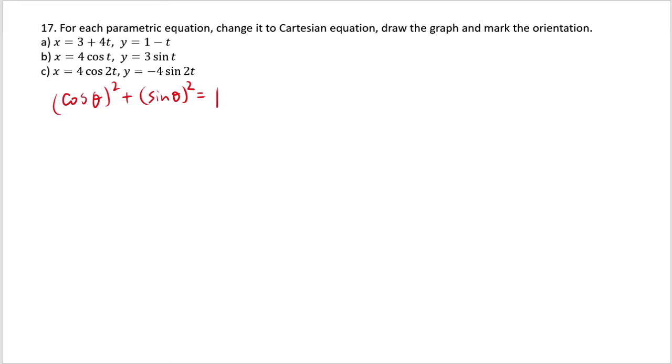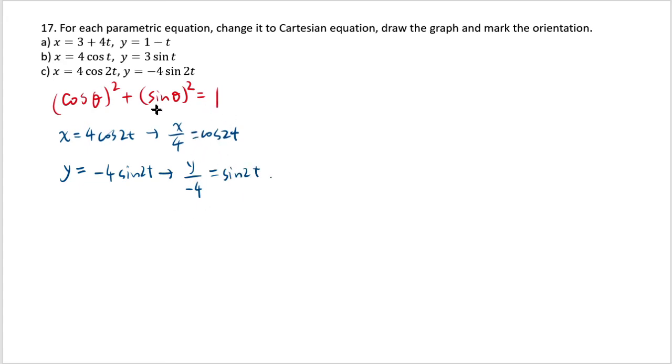And to use this, I take each of these equations and solve for cosine and then sine. So divide by 4, I get x over 4 equals cosine 2t. Second equation, y equals negative 4 sine 2t. I plug it in as y over negative 4 equals sine 2t.